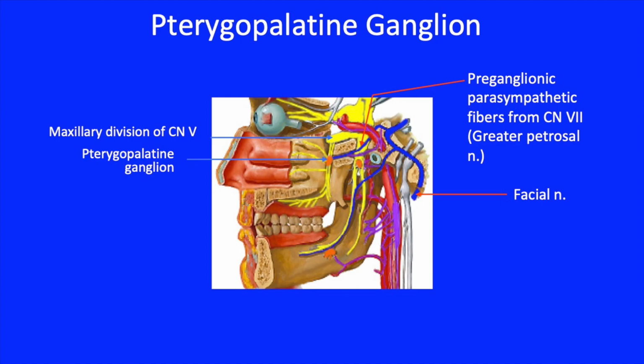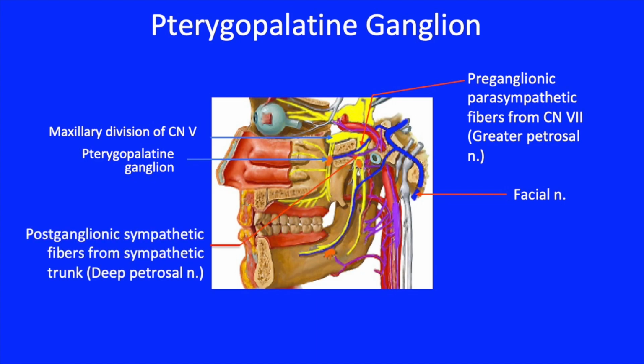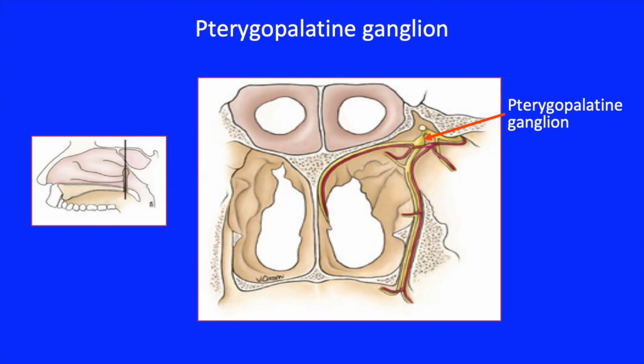The parasympathetic nerve is called the greater petrosal nerve. And the postganglionic sympathetic fibers, colored in purple, arise from the sympathetic trunk and are called the deep petrosal nerve. What are the names of the postganglionic fibers from the pterygopalatine ganglion?